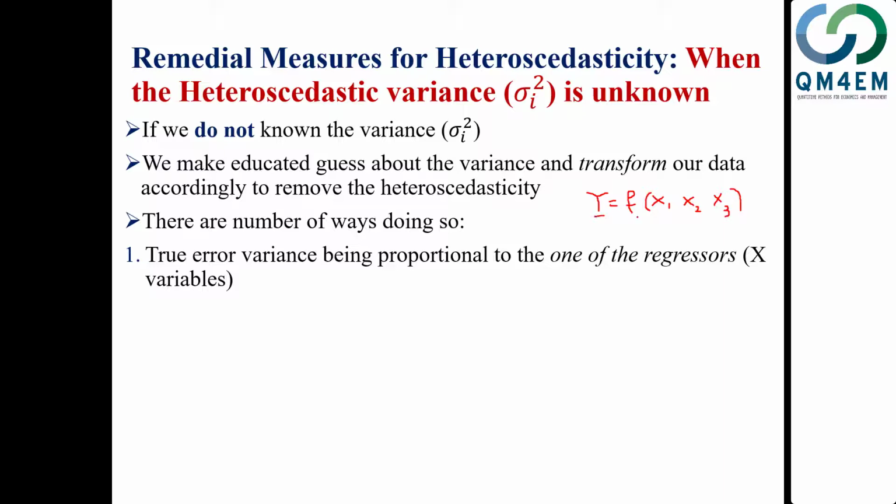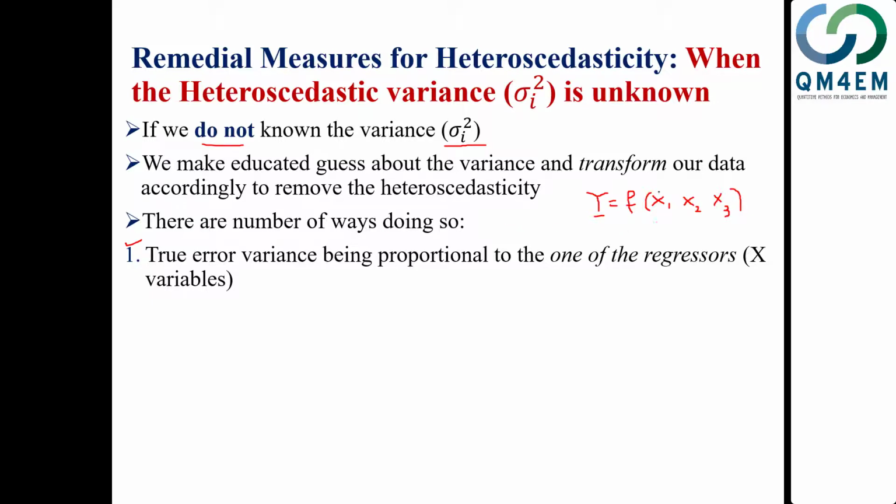So I have a dependent variable and three explanatory variables. Now this is our model, and we have a problem of heteroscedasticity, and we do not know the heteroscedastic variance. So we want to apply this way of solving the problem.